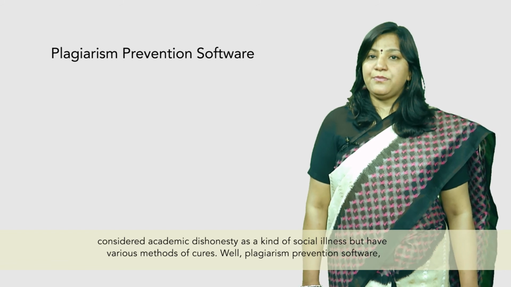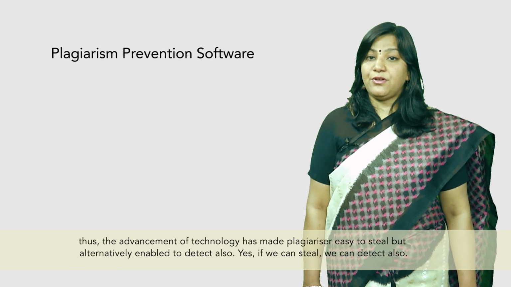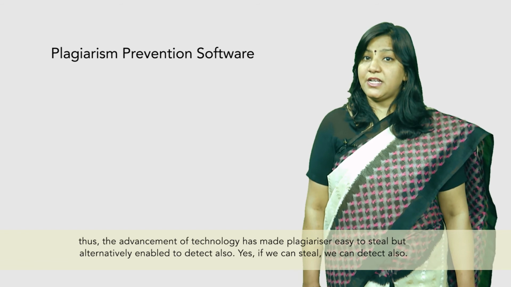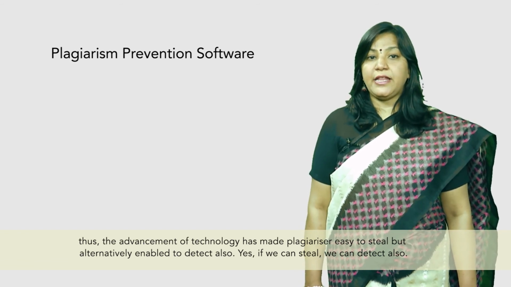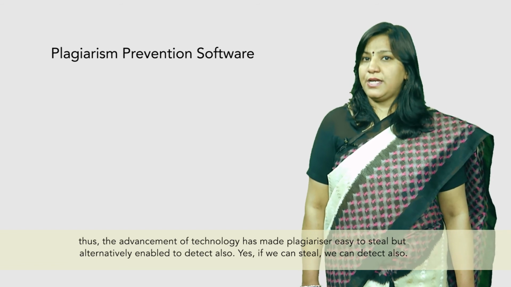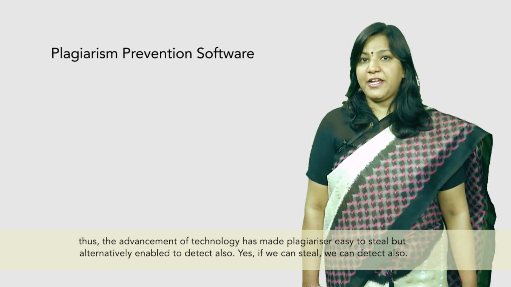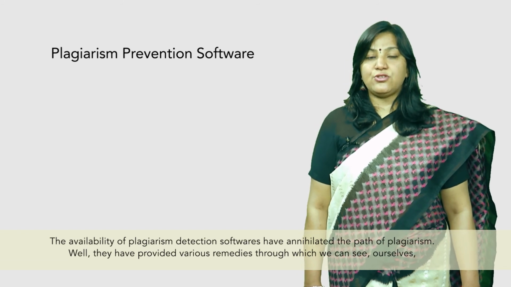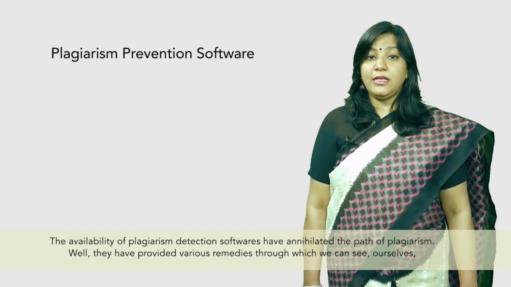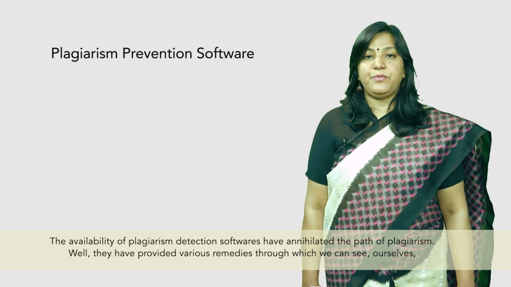Well, the advancement of technology has made it easy for the plagiarizer to steal, but also possible to detect. Yes, if we can steal, we can detect also. The availability of plagiarism detection software has annihilated part of plagiarism.